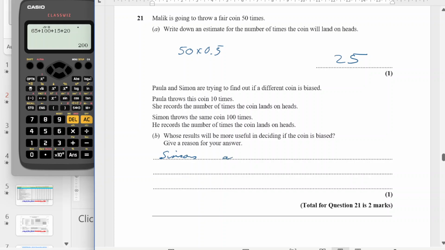Simon did the experiment, because we're talking about experimental probabilities, more times. So the more times you do something, the more accurate it's going to be.